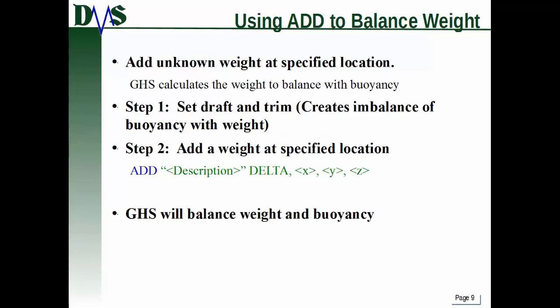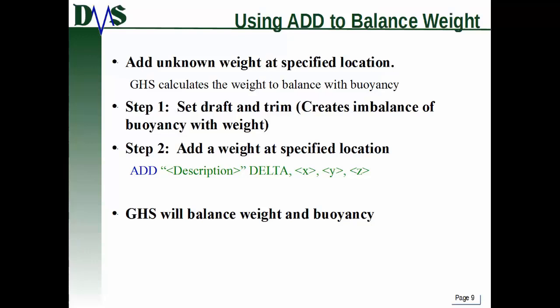Now, here's where it starts getting fun. GHS can get pretty smart about the add command. Let's say, for example, that you don't really know how much weight to add, but you know where it's going to go and you want it to be enough weight to balance out the weight of the ship, so that it's in equilibrium.